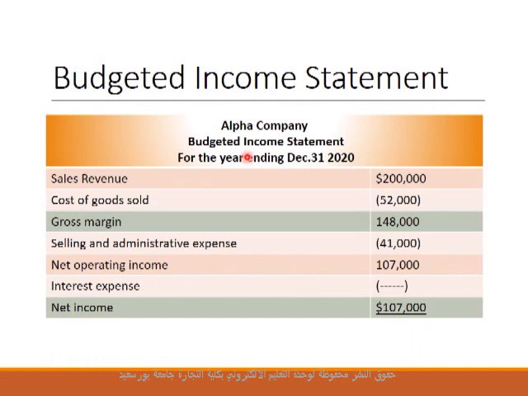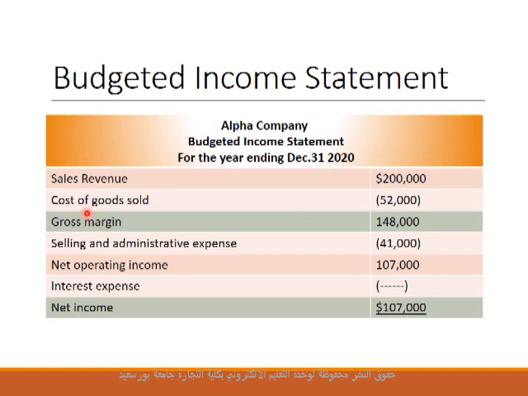Now we can prepare budgeted income statement for Alpha Company for the year ending December 31st, 2020. According to the sales budget, sales revenue is expected to be $200,000, and according to the manufacturing cost budgets, cost of goods sold is expected to be $52,000.